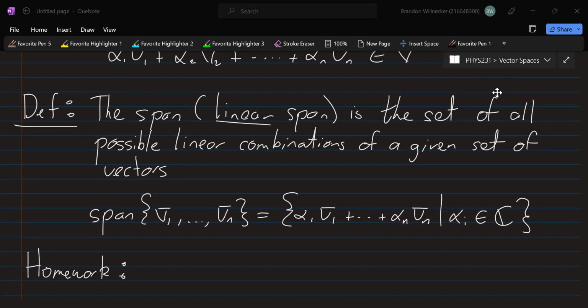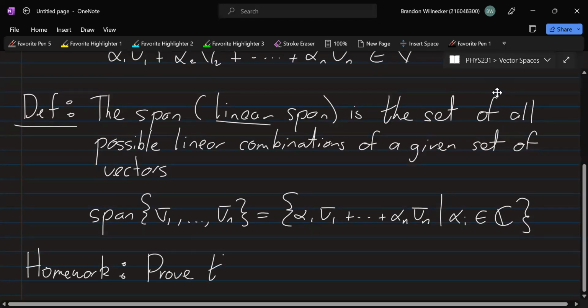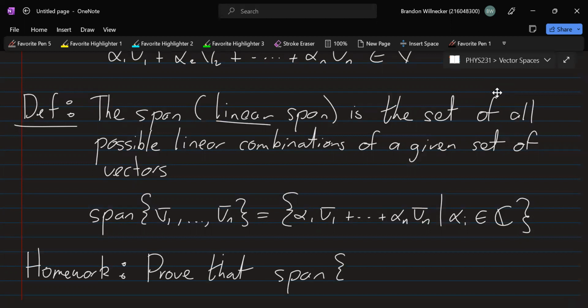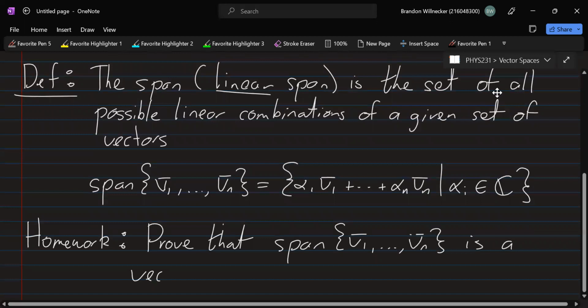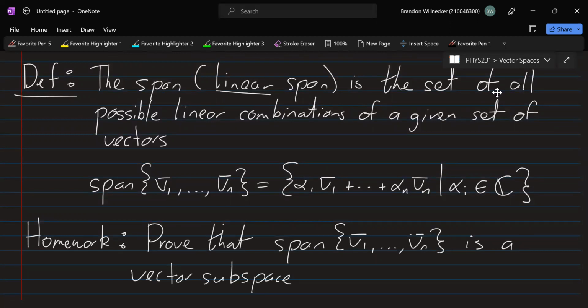The homework is: prove that the span of V1 up to Vn is a vector subspace of V. So show that it is a vector subspace.